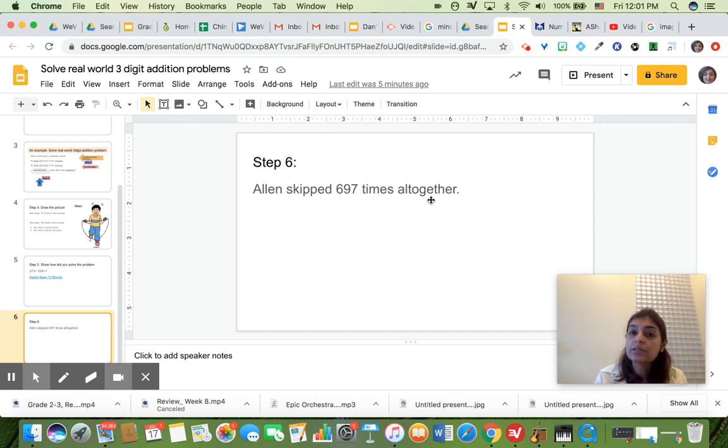So, students, whenever you are solving a real world problem, please make sure that you follow the steps and you should also pay attention to the vocabulary. Here, the word altogether means we are to find the total. So, we are to add the two given parts together to find the whole.